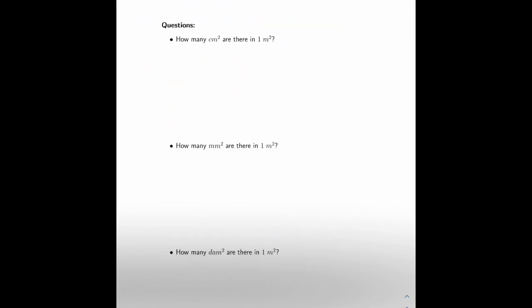Okay, how many square centimeters are there in a square meter? Well, there are 100 centimeters in a meter.